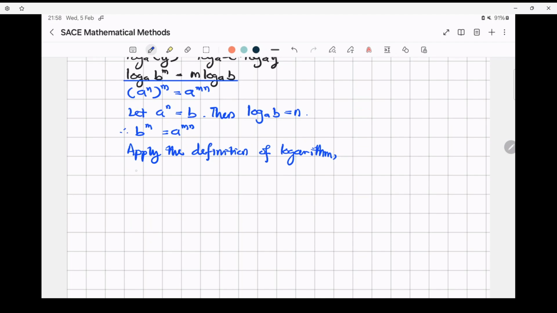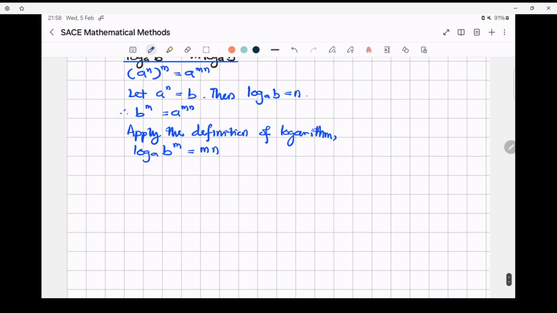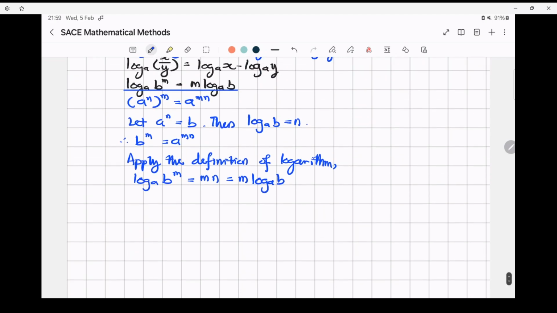What we will have is log base a of b to the power of m equals m times n. So we know what is the value of n, and that would be m log base a b. So we recover that particular expression as shown.